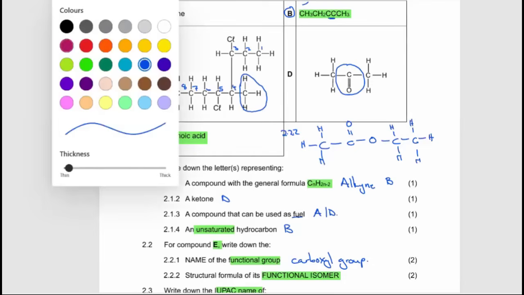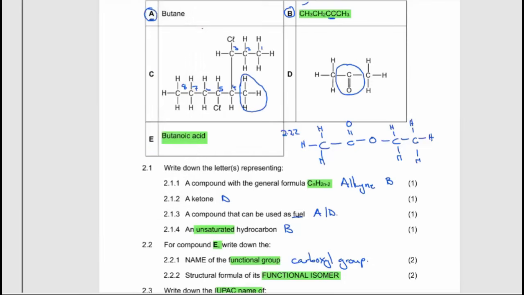But if I decided to count on this side, I'm going to say 1, 2, 3, 4, 5, right? Can you see now, if I count like this, the substituent is actually going to have a higher number there. So the correct numbering should start at the top, then go downwards, right? Having said that, allow me to erase all these other numbers at the bottom.